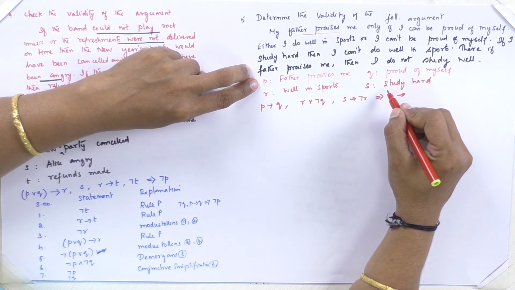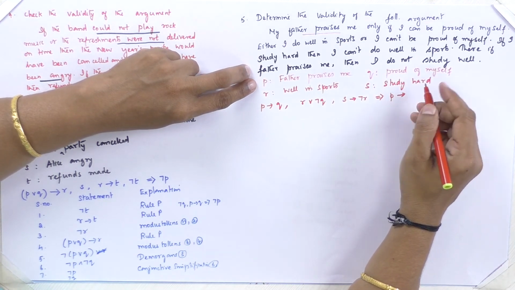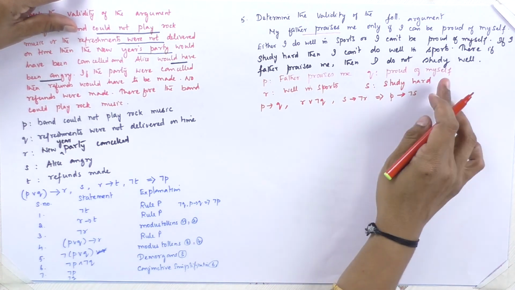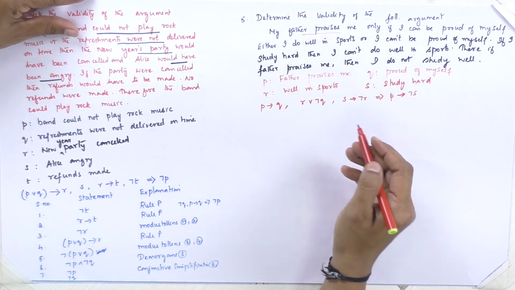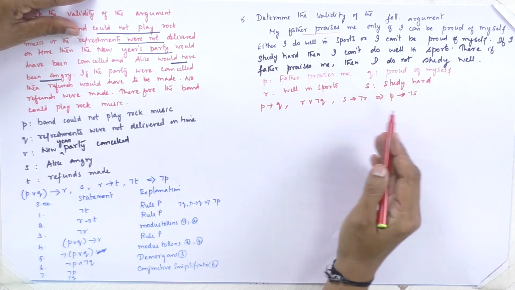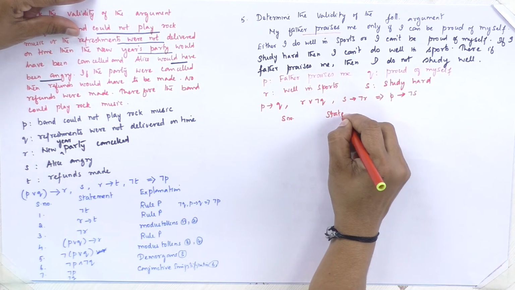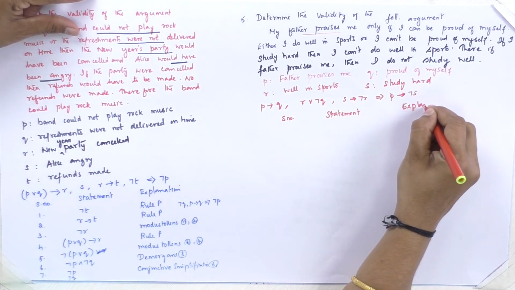I do not study well is the negation of study hard, right? So now we will have to get the conclusion part. So, serial number, statement and explanation.